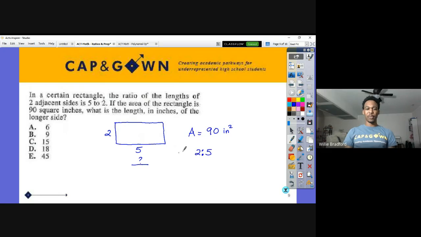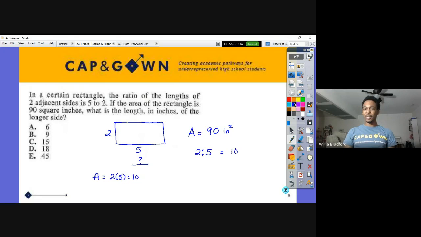And when I multiply these together to find the area, I have to multiply those two things, my base times my height. In this case, I get 10. So that cannot be the length and my width.